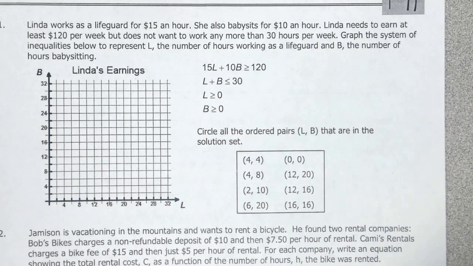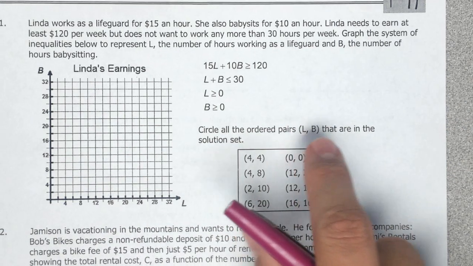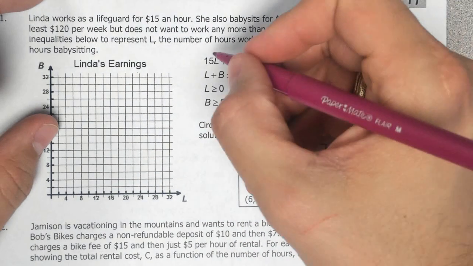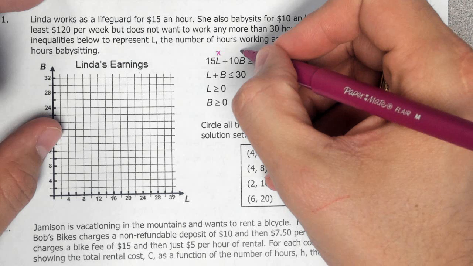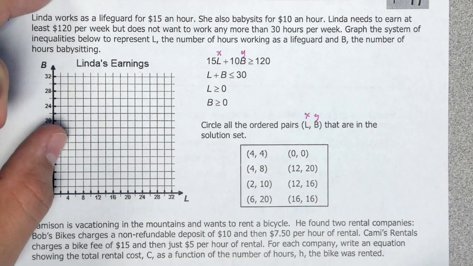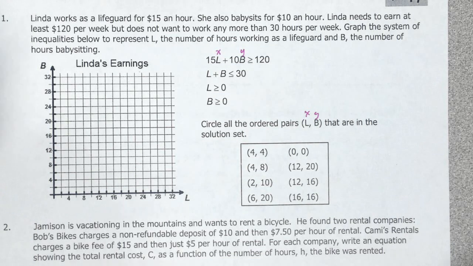Now it says circle all the ordered pairs L and B that are in the solution set. L is like the X, B is like the Y. So what we need to do is graph these two lines.